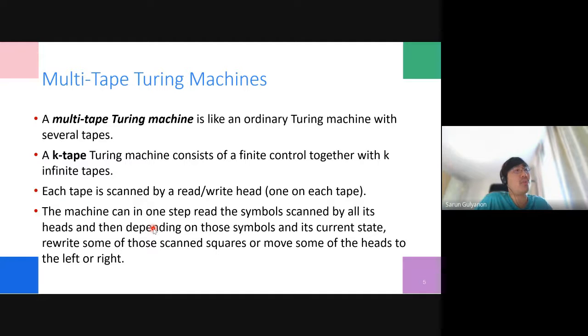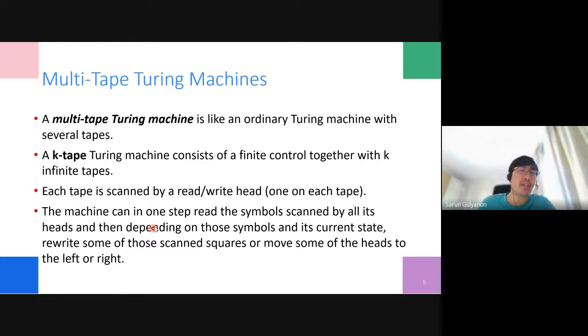We define it this way. A multi-tape Turing machine is just like the Turing machine that we've seen in the previous lecture, which let's call a deterministic Turing machine. But this time it will have several tapes instead of one.